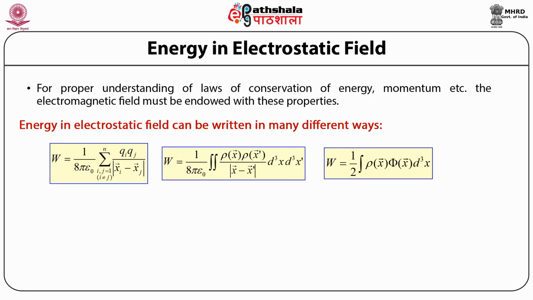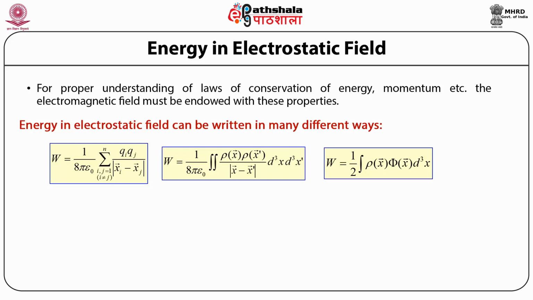Now we can further modify this relation for the charge densities by using the definition of the electric potential in the electrostatic case. We know that the electric potential is obtained by solving Poisson's equation, the Laplacian acting on the electric potential giving minus the charge density upon epsilon naught.